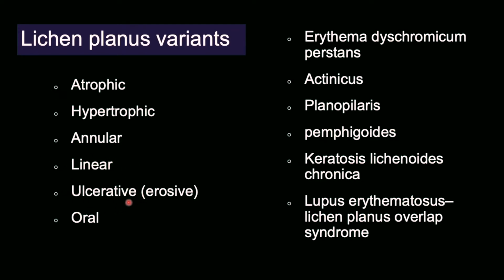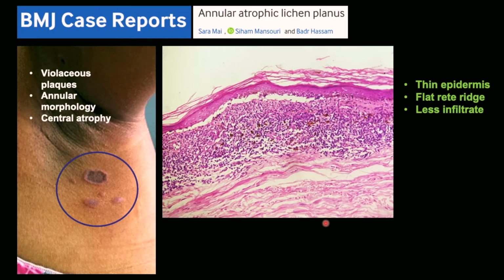Erosive or ulcerative, oral, and different other variants. So if you understand the concept of lichen planus, the variants have the same kind of pattern, but we may see a little bit of difference in terms of the location, or the clinical presentation, or sometimes the severity of the disease is less common.